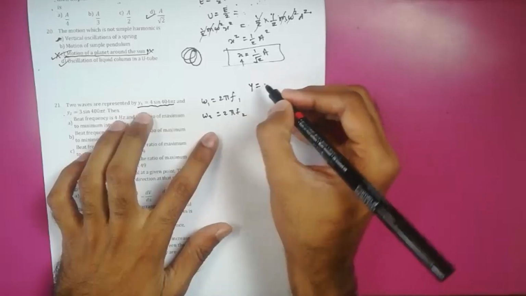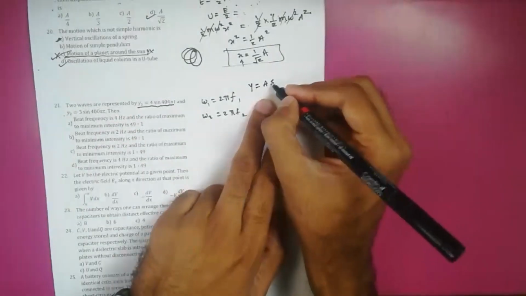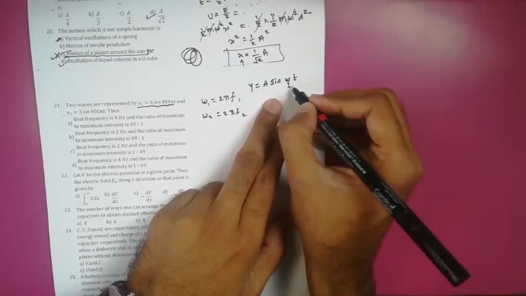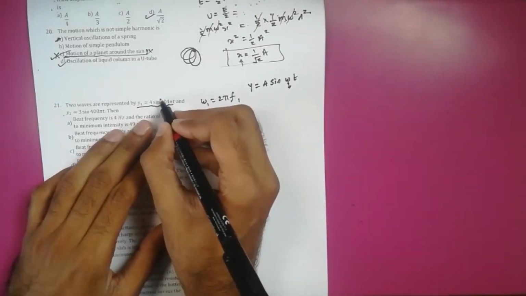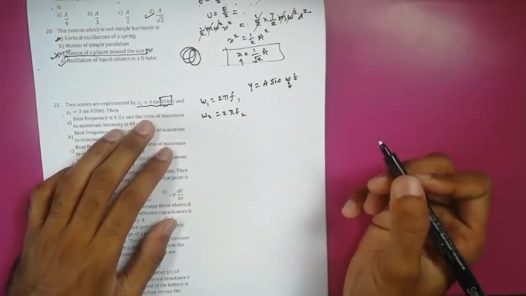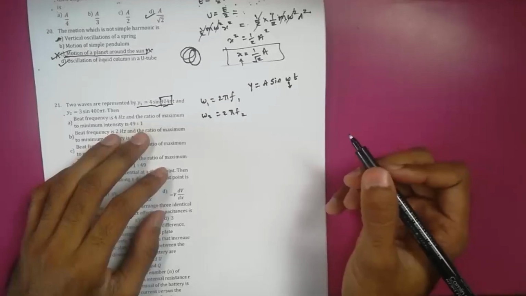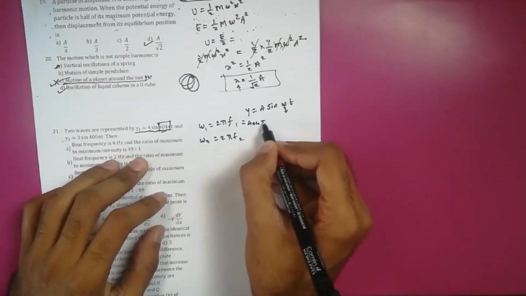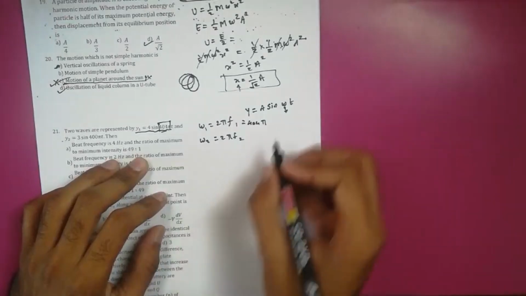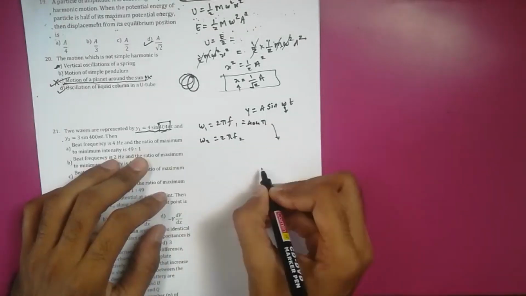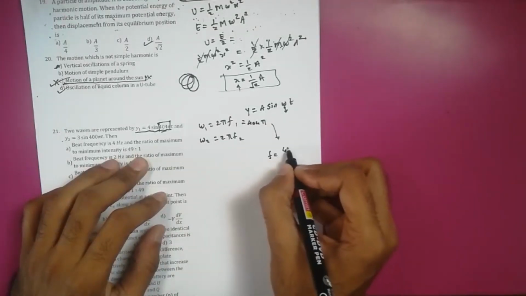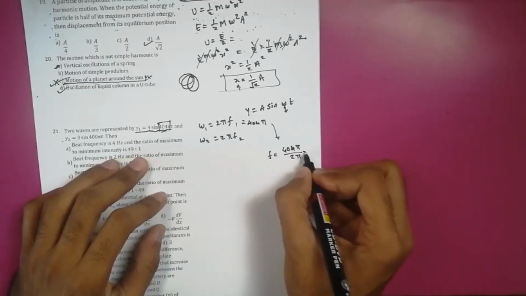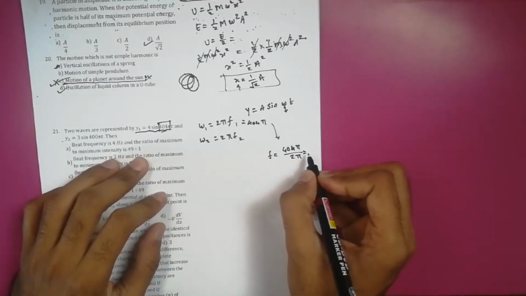If we rearrange this equation, we get f is equal to 404 pi upon 2 pi, which cancels out and gives you 202 hertz. Similarly, this is frequency 1. The next equation is 400 pi is equal to 2 pi f2, so f2 is equal to 400 pi upon 2 pi, which gives you 200 hertz.